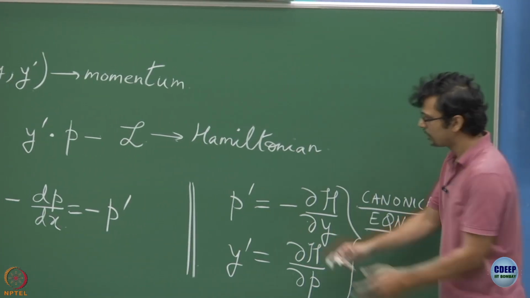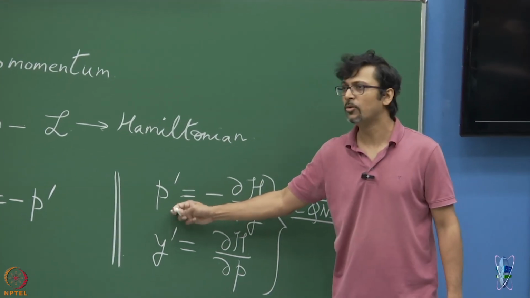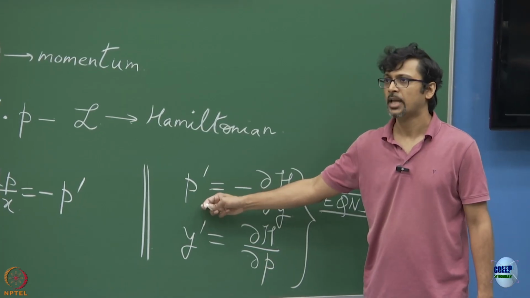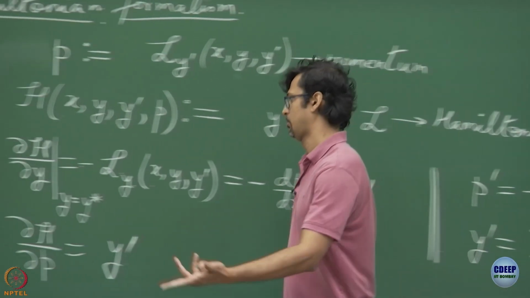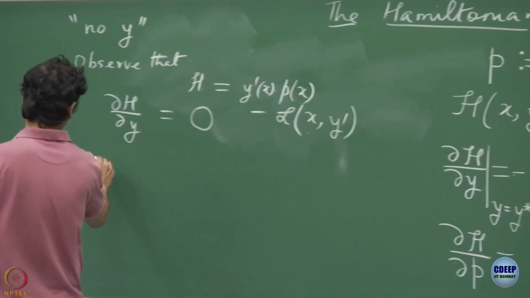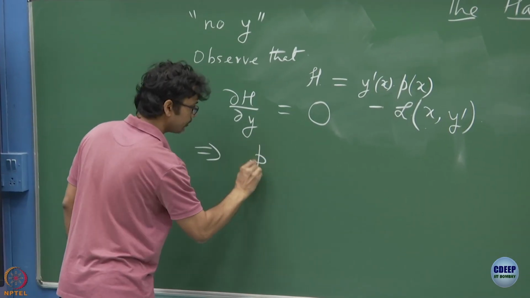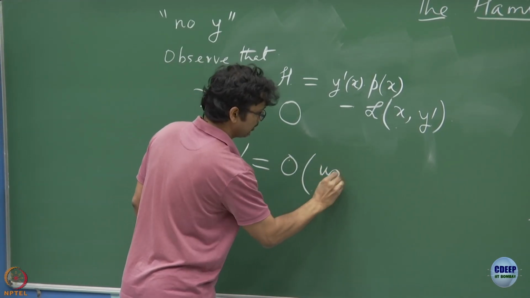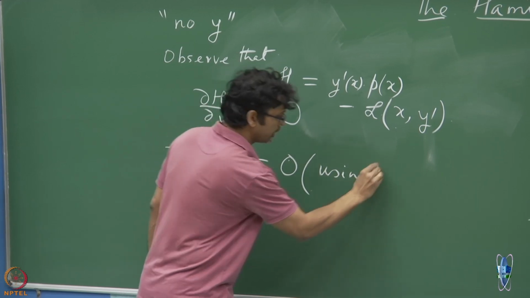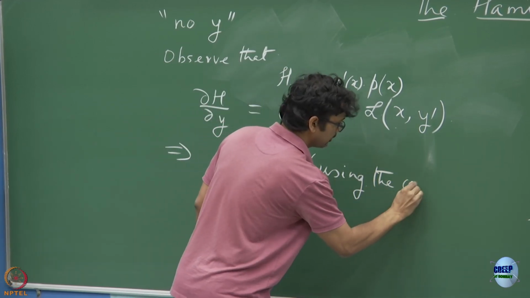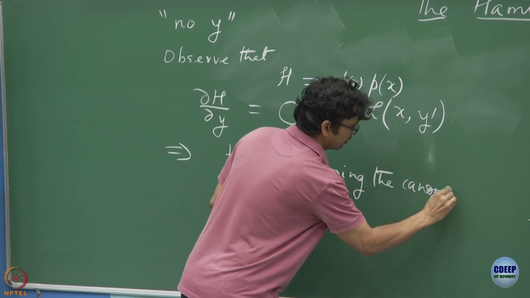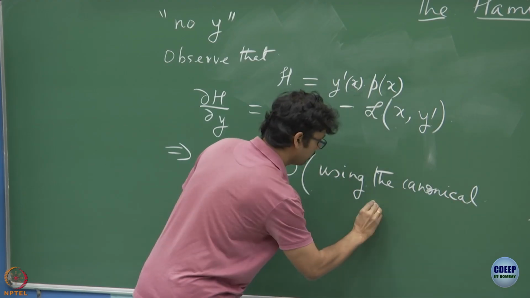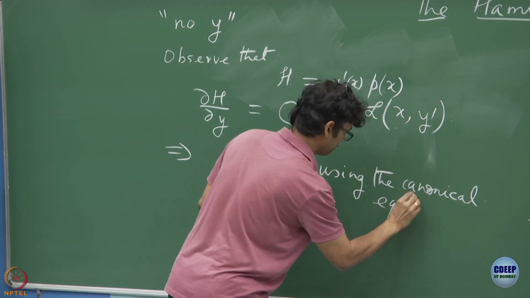That's exactly the rate of change of the momentum, and that's 0, right? This implies that p prime is equal to 0 using the canonical equation.